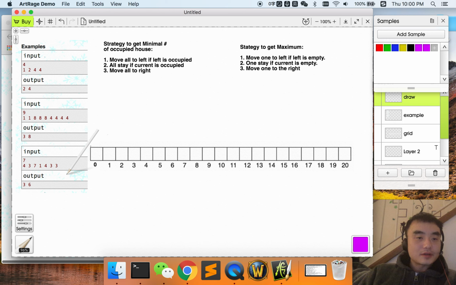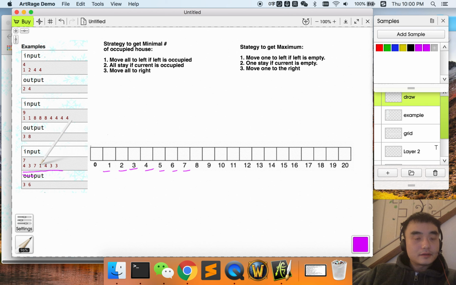So let's try a more complicated example here. So we have 7 people. So we have 7 houses. 1, 2, 3, 4, 5, 6, 7, right?